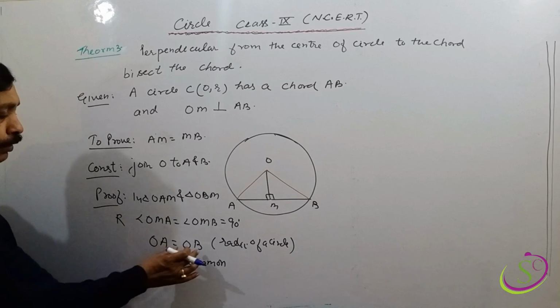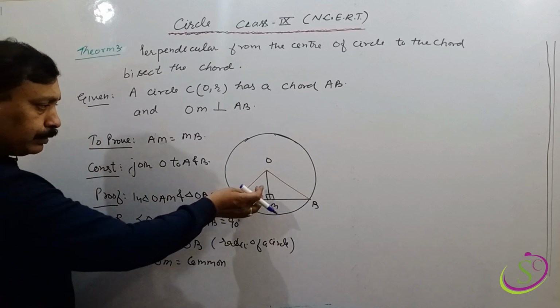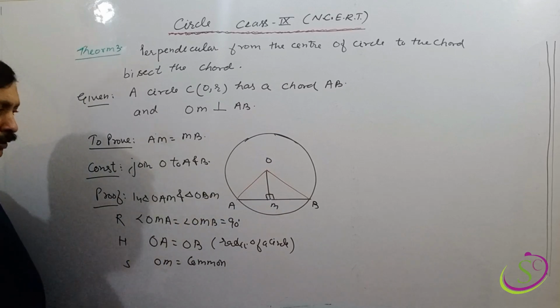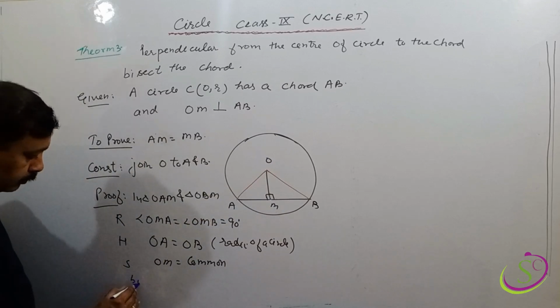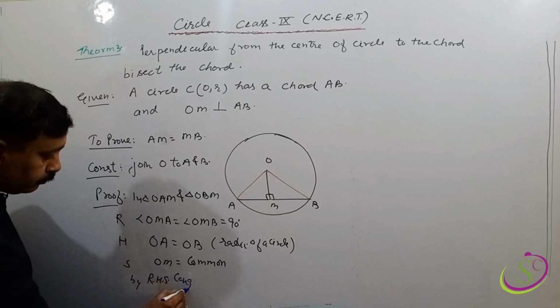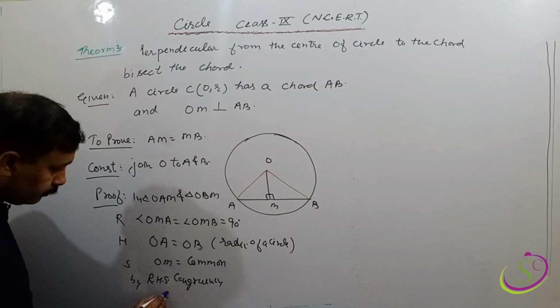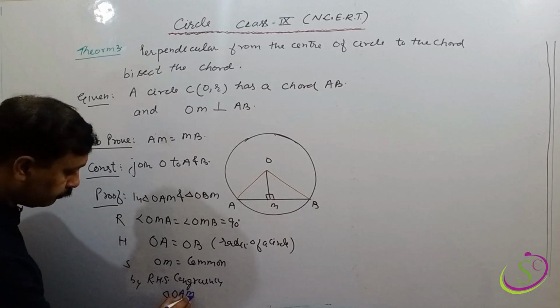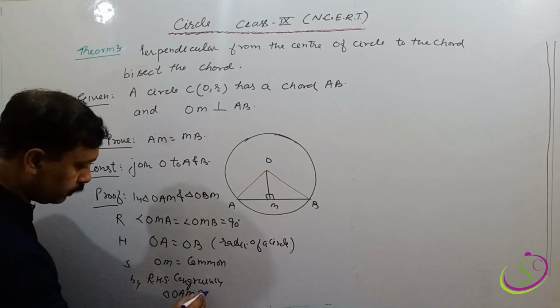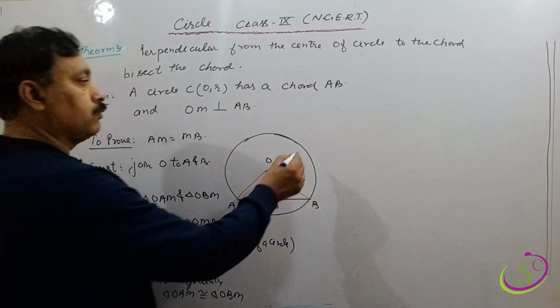So OA and OB both are hypotenuse, and OM is the side. By RHS congruency, triangle OAM is congruent to triangle OBM.